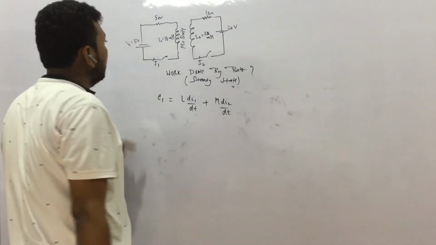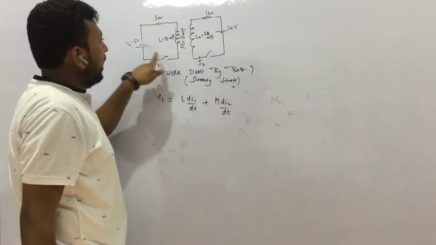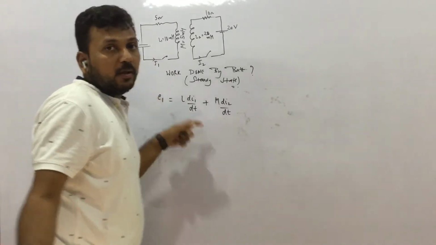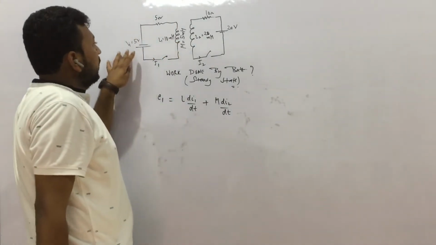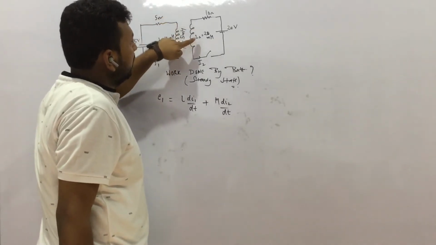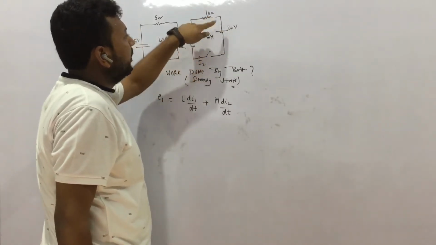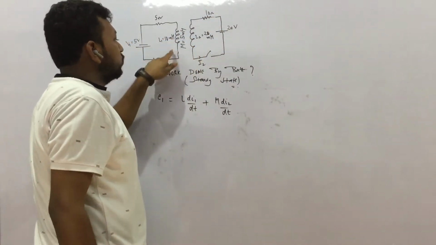This we need to take care of. It is due to the orientation of the batteries. I hope it is clear. If it is not clear, you can mention in the comments and I will explain again. The current is like this, the magnetic field goes like this, it will oppose. And the current is like this, so it is already opposing. It has to oppose both.